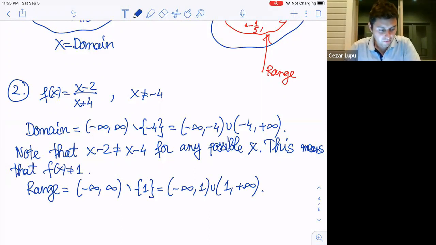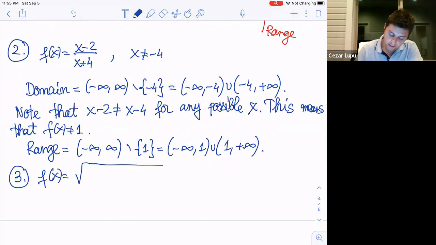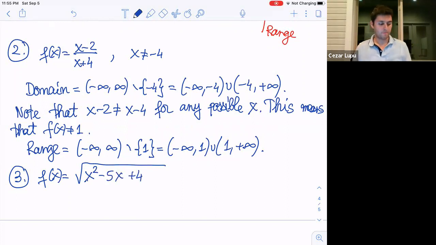of this function. Well, let's take another example, a third example. Let me take a little bit more complicated example. f of x is the square root, and I'm going to take a quadratic function here. Let's say x squared minus 5x plus 4. Right? So let's analyze this. We need to find the domain.